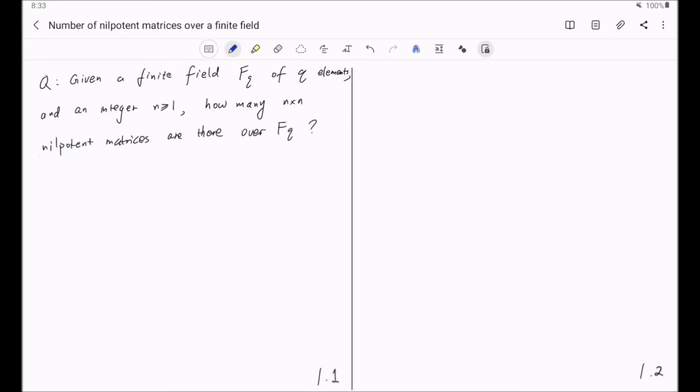Here, by nilpotent matrices, we mean the matrices that will vanish after taking certain powers.